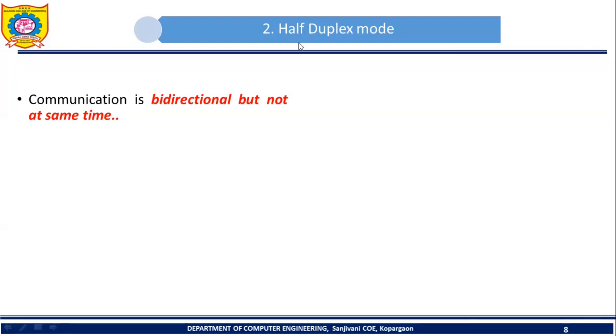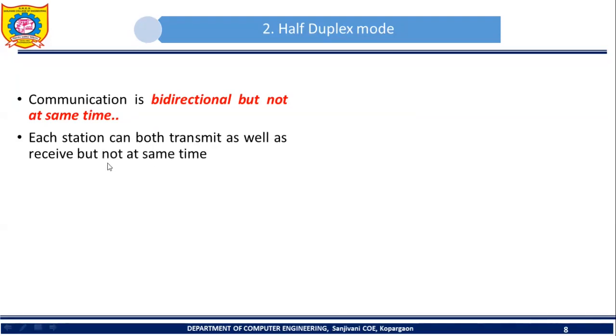But in half duplex, communication occurs in both directions. Each station can both transmit as well as receive, but not at the same time. This is also important: data can flow in both directions, but not at the same time.